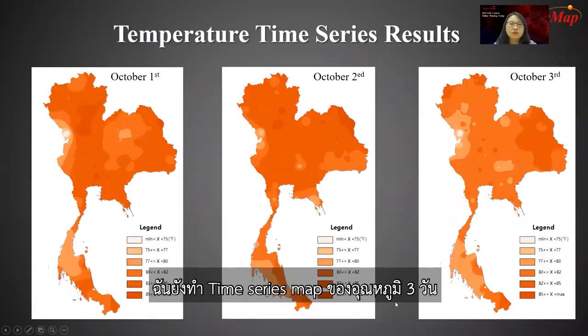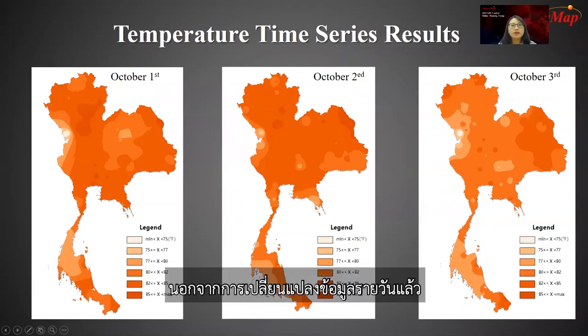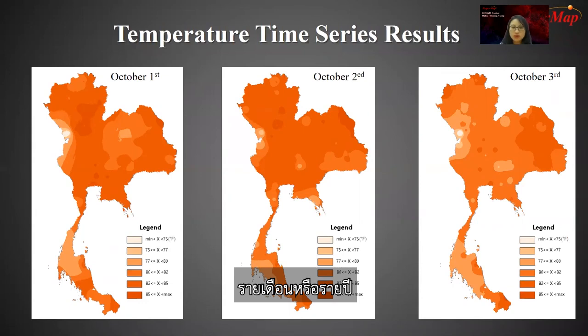And also I made a temperature time series result of 3 days. Not only can you make the daily changes, you can also make the weekly changes, or the monthly changes, or the yearly changes.